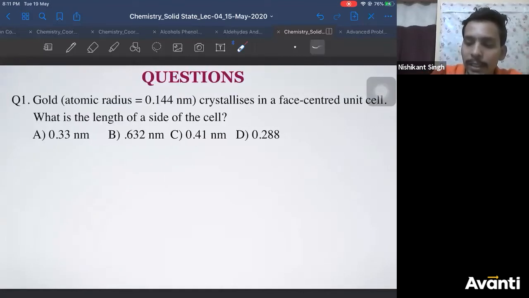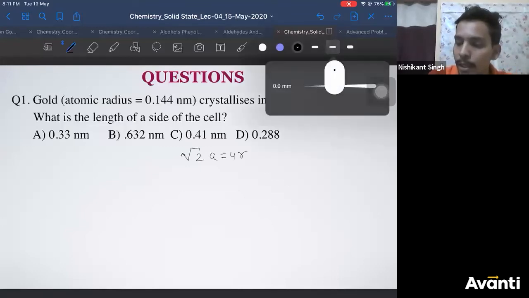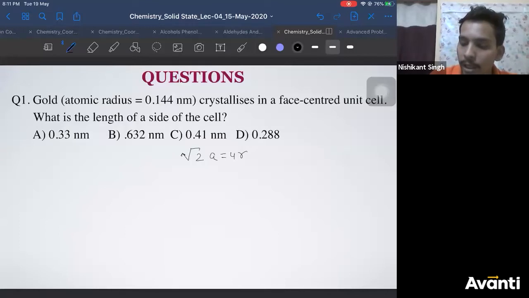Now, this is quite easy, guys. You have already seen that for FCC, root 2 a is equal to 4r, and we need to find a. So a comes out to be 2 root 2 r.